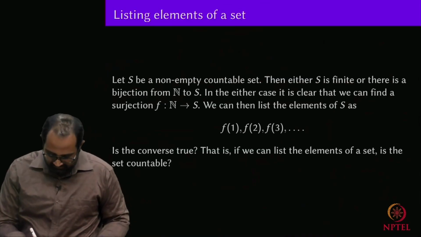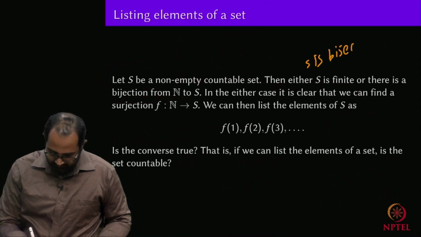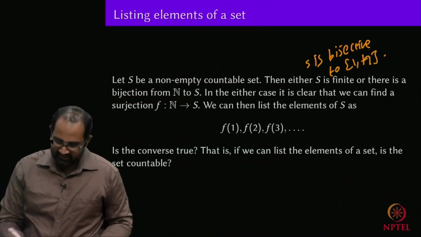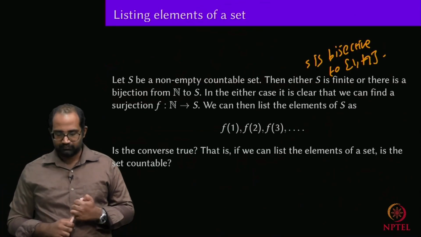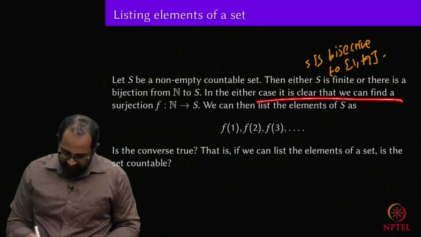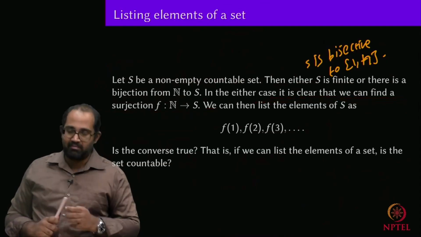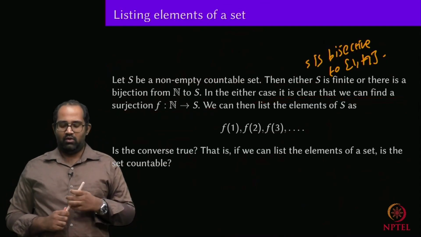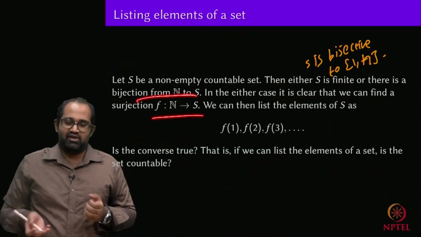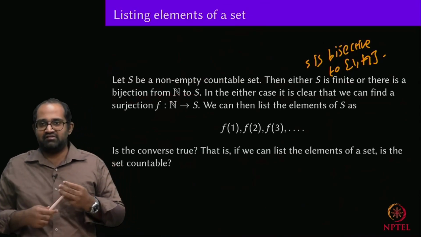What I mean is S is bijective to the initial segment 1 to n for some choice of n. In either case, it is clear that we can find a surjection f from N to S. Well, if there is a bijection from N to S, it's obvious that that bijection will work as a surjection.